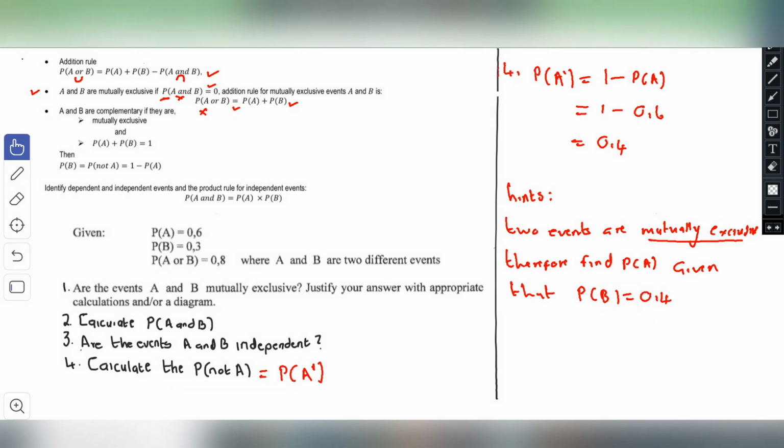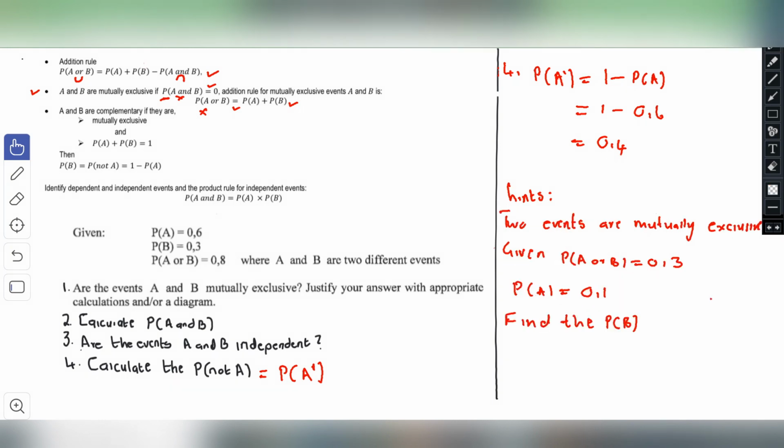Here's the example. Given two events are mutually exclusive, given that the probability of A or B is equal to 0.3, the probability of A is equal to 0.1, find the probability of B.